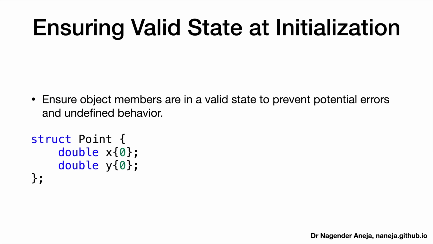So what we'll do is we will write like this one. We have double, and we'll initialize x and y. So whenever an object is created of type point, x will be initialized to 0 and y will be initialized to 0, or whatever value we want. So the policy is that the program should not have undefined behavior, to prevent any potential errors.